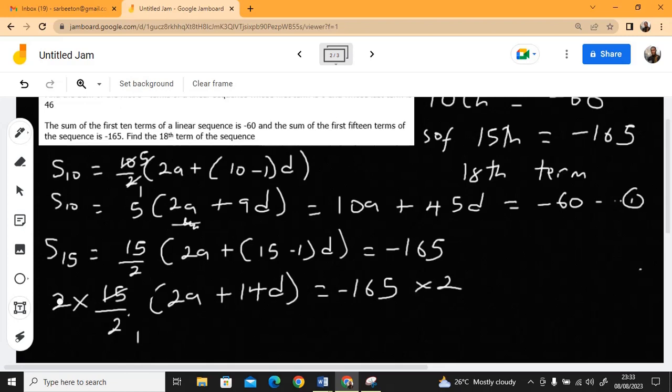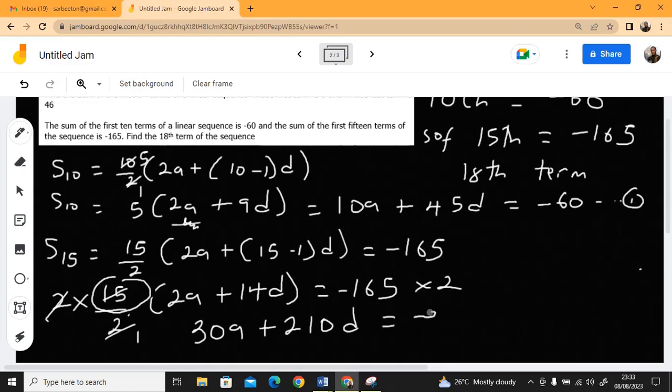So this 2 cancels this 2, and I'm left with 15 times 2a, which is 30a, plus 15 times 14, which gives us 210d, equals minus 165 times 2 times 2, that will give us 330.